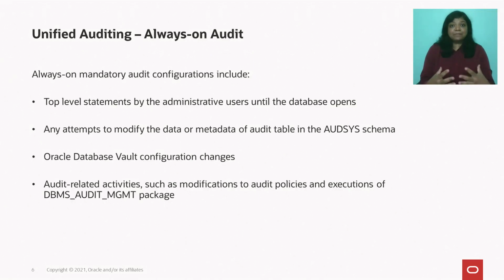Oracle Database enables some mandatory always-on audit configurations by default, as these are quite security relevant operations that should be tracked anyway, and these include top level statements by the administrative users until the database opens, any attempts to modify data or the metadata within the audit table in the AUDSYS schema, Oracle Database Vault configuration changes or any modifications to audit policies, the executions of the DBMS_AUDIT_MGMT package, and so on.